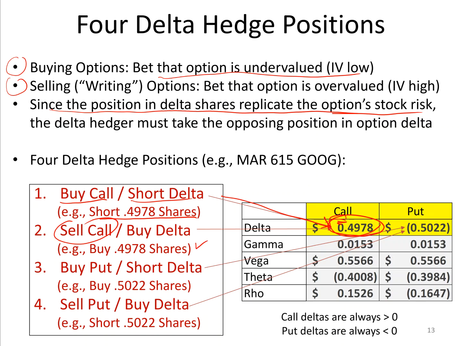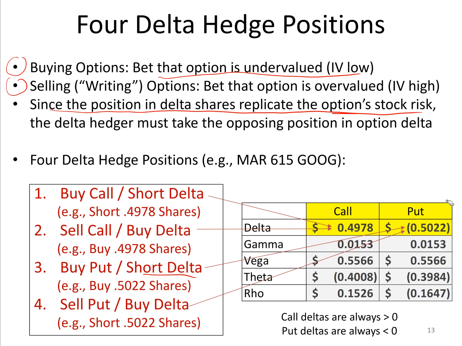If I buy the put, it has negative exposure to the stock price. So if I want to buy the put, I'd short this delta, which means I change that from a negative to a positive. So if I buy the put, I wind up buying about a half share. And if I sell the put, I'll buy the delta, meaning don't change the sign. In other words, I would short 0.50 shares.